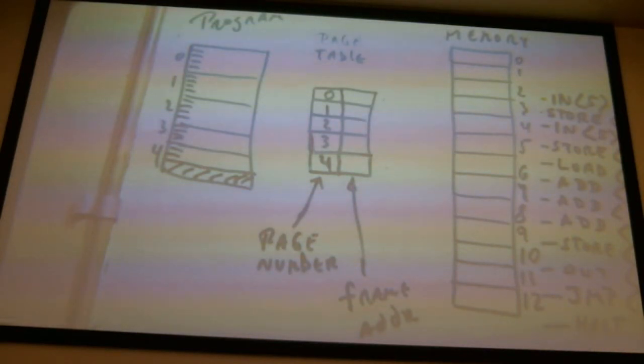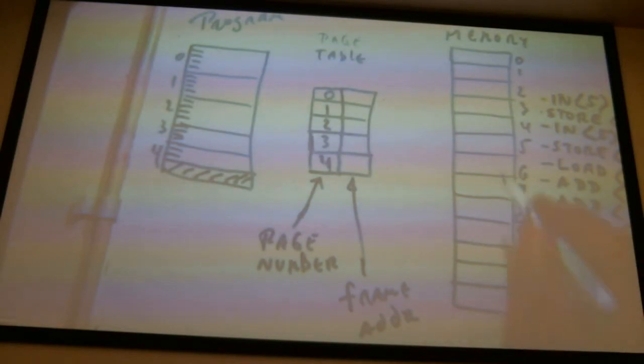So when we create a process, the OS, in addition to the process control block, has to create the page table. And we need to have in the process control block a pointer to the beginning of the page table. We'll talk about that later. So when we switch from one process to another, we have to switch from one page table to another.